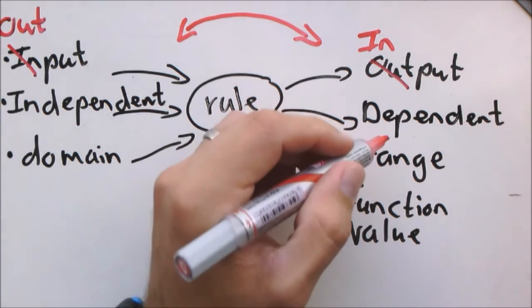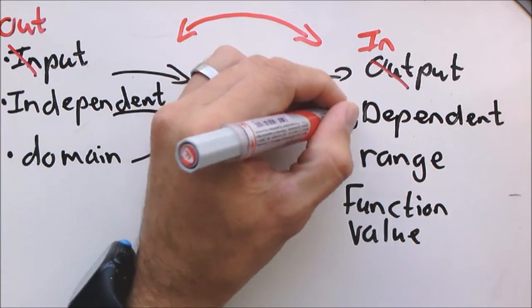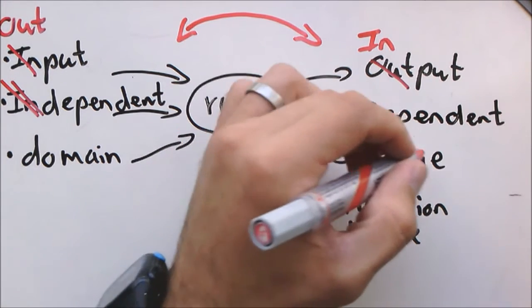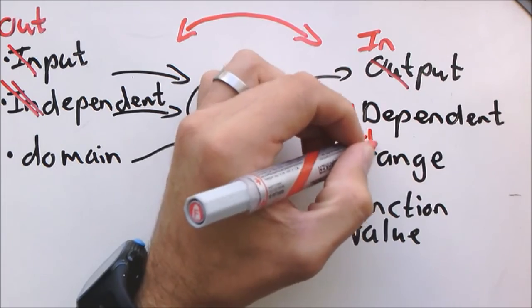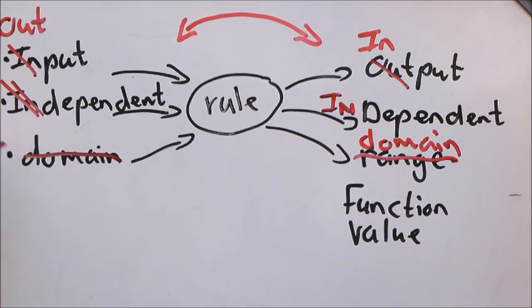Your dependent variable becomes the independent variable, and the independent variable becomes the dependent variable. Your range becomes the domain, and your domain becomes the range. So for all practical reasons, the x and the y value swap around.